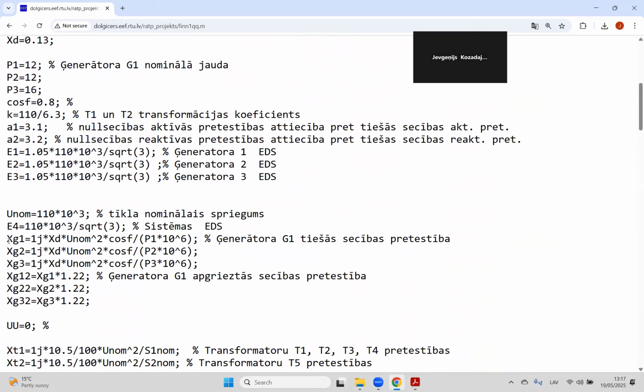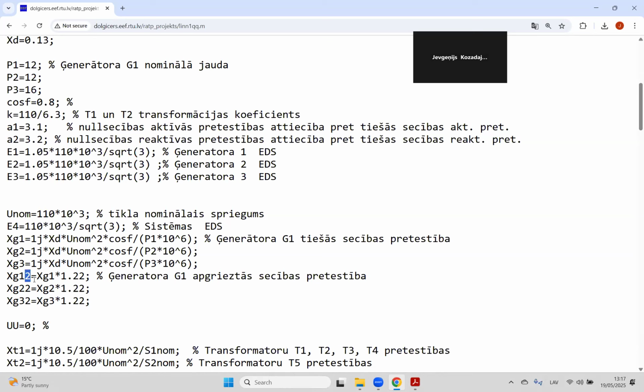Here you go. This is XJ, the generator reactance. It is here, and how to calculate it, the formula, is here as well. But here you have the generator, with digits 1, 2, 2, 2.